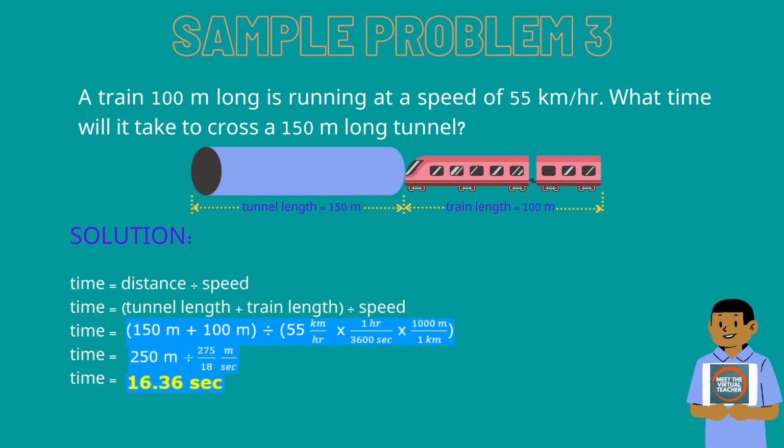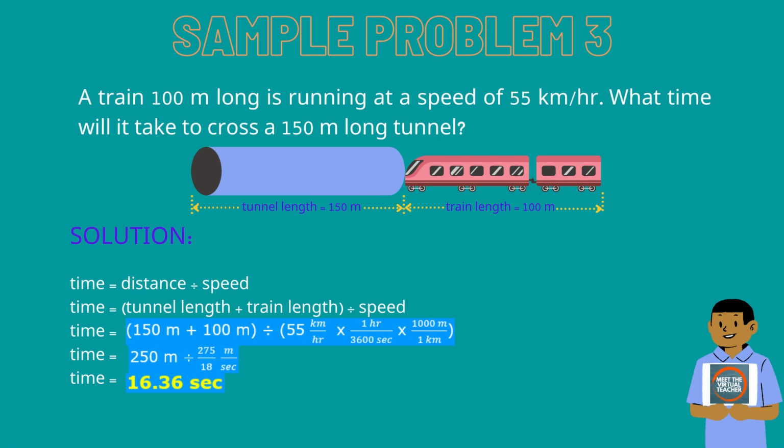Sample number 3. A train 100 meters long is running at a speed of 55 kilometers per hour. What time will it take to cross a 150 meters long tunnel? So see our illustration below. Our solution from the second slide, time is equal to distance divided by speed.